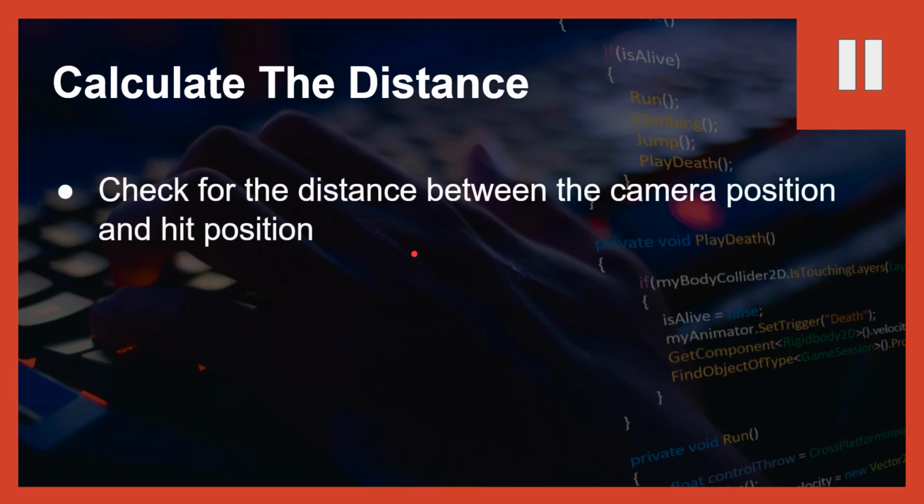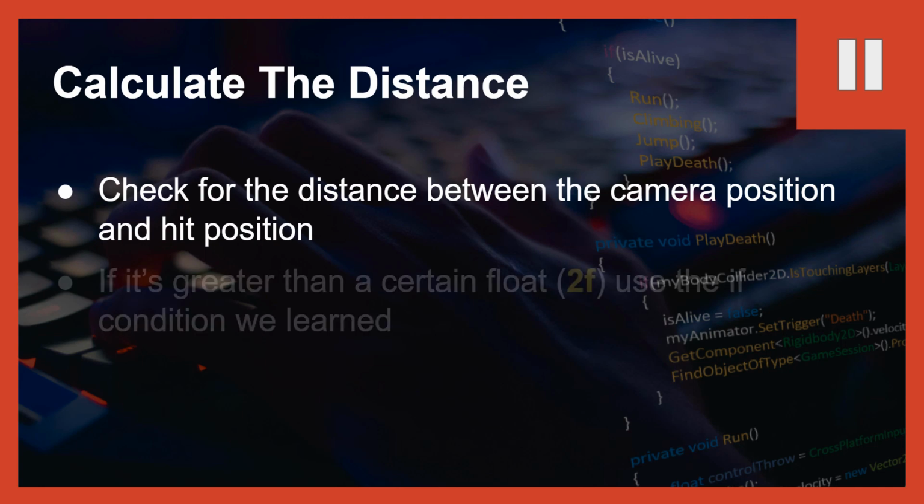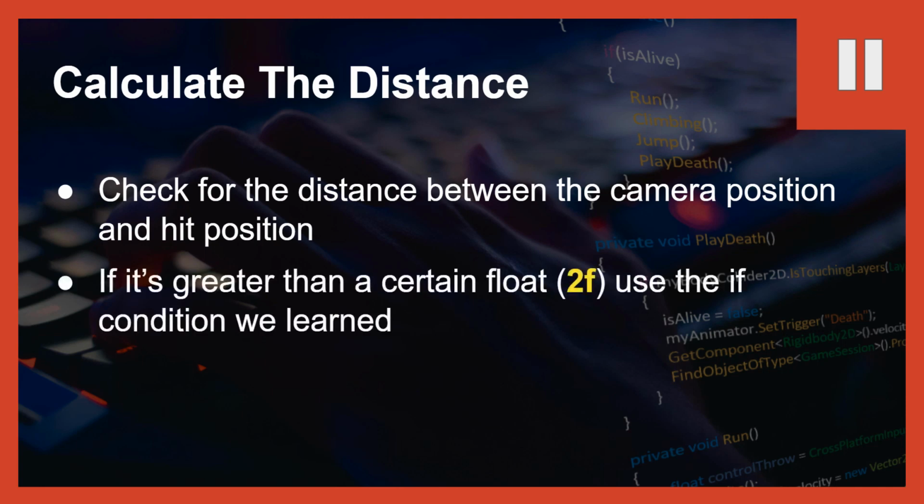First of all, check for the distance between the camera position, which is my head, and the hit position. And then if it's greater than a certain float, which I'm going to go with 2f, use the if condition we learned in order to look at the position only under this condition. So pause the video right now and go do the challenge.